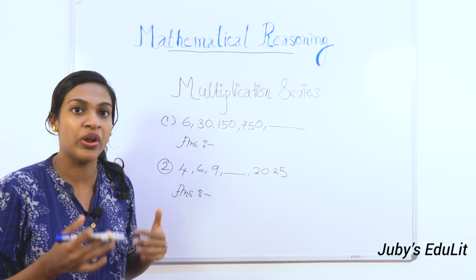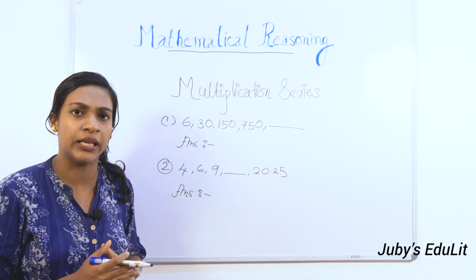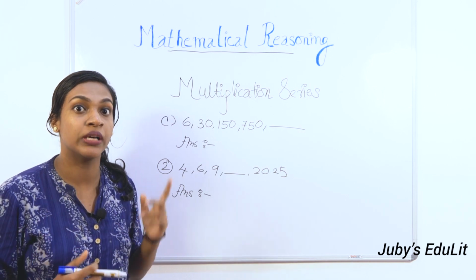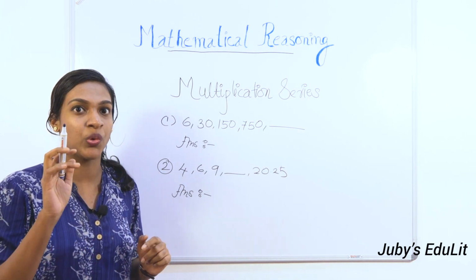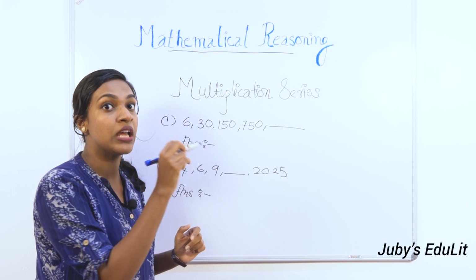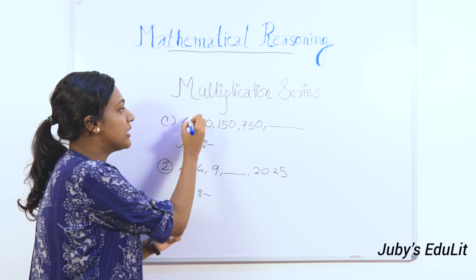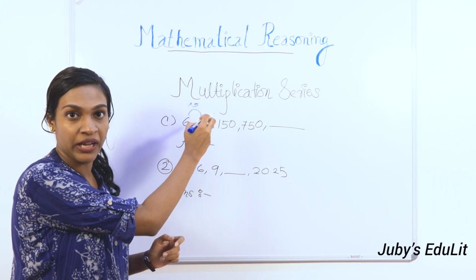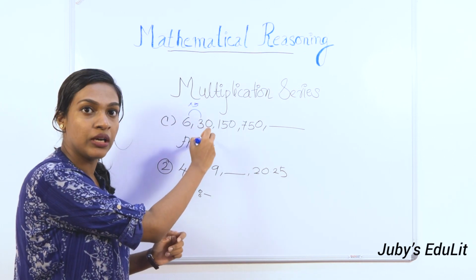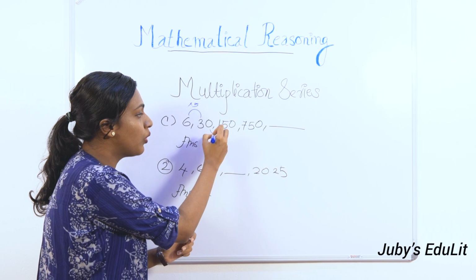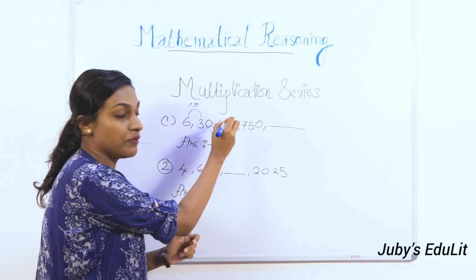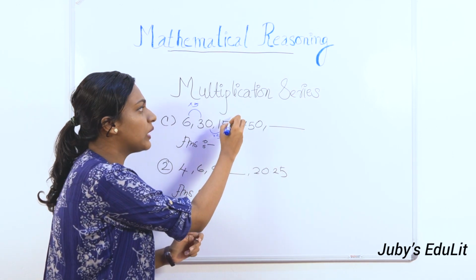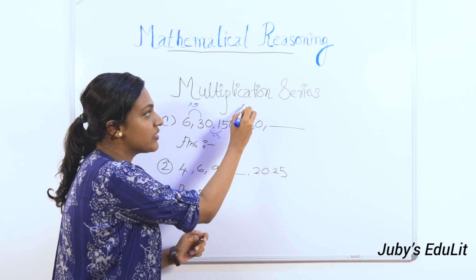Which number when multiplied by 6 gives 30? Let's look at the multiplication table of 6. 6 into 5 is 30. Similarly, 30 when multiplied by 5 gives 150, and 150 multiplied by 5 gives 750.